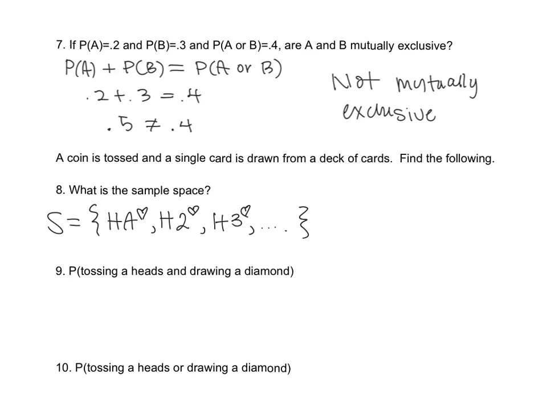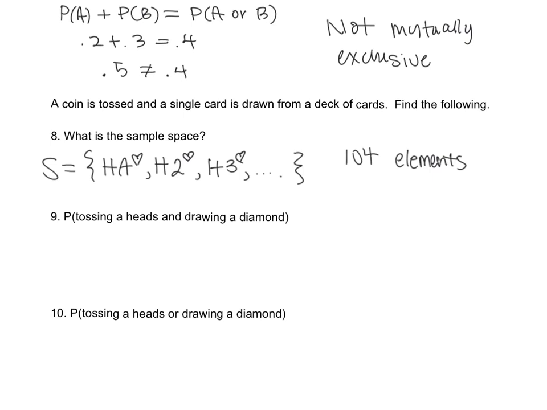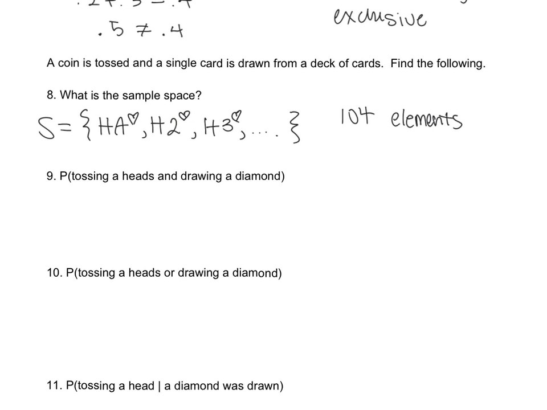Then I would do the same thing for tails. And if I listed all of those, there would be 104 elements. So 104 things is a very large amount to write out, which is why I'm not writing them all out, because 104 elements would take a very long time to write out.